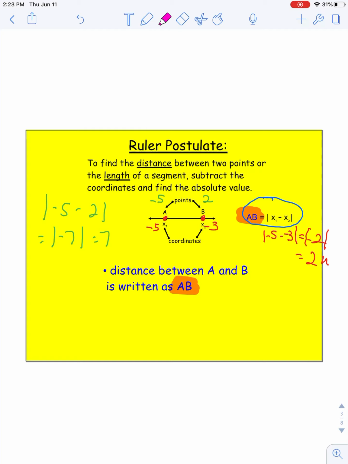It's finding the distance between points A and B, which is also the length of the segment. So the distance between the points is written as capital AB, and that's really important. A lot of students miss that. And that is also the length of the segment.